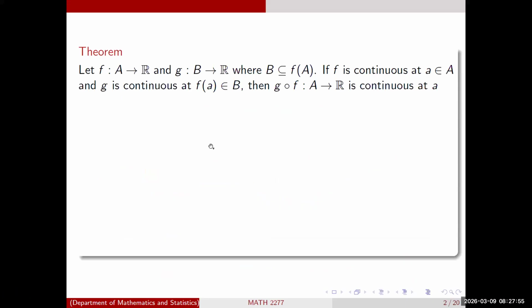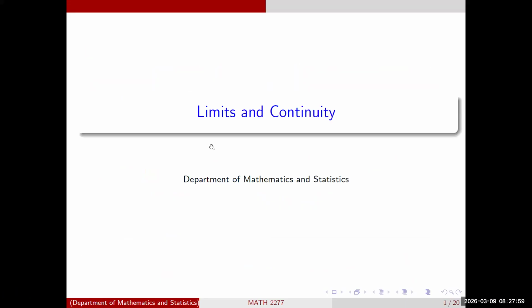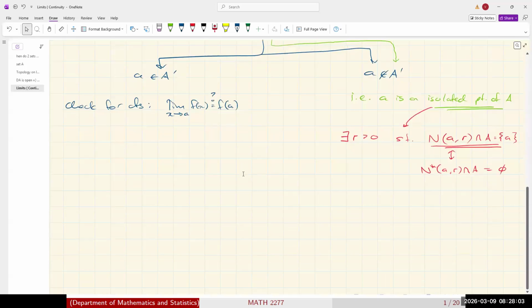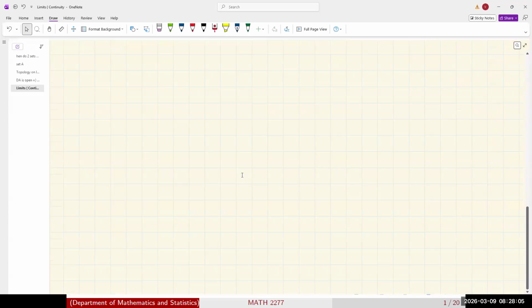Right? It turns out that we can make, let me go back to this. So we know that the sum, the product, the multiple of continuous functions are continuous functions. So let me see if I could come up with one.